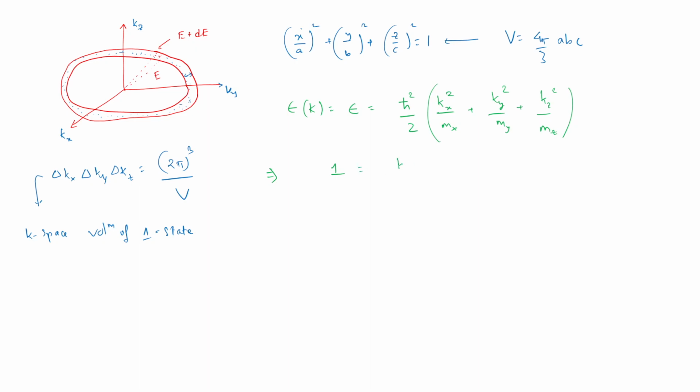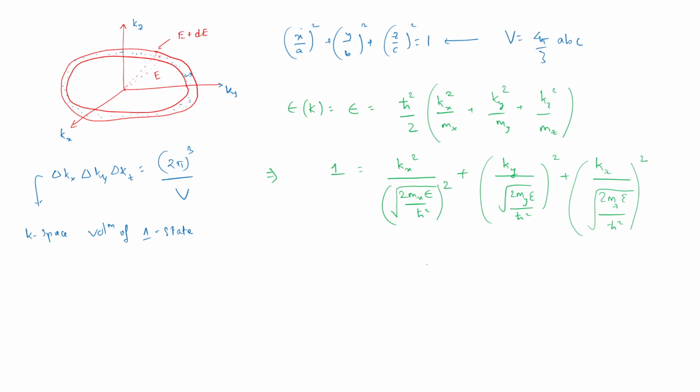So it will be kx square by 2mx energy by h bar square, and so we want to write it in that form. So what we will do is whole square. Similarly, ky by square root under 2my energy by h bar square whole square plus kz square by 2mz energy by h bar square.